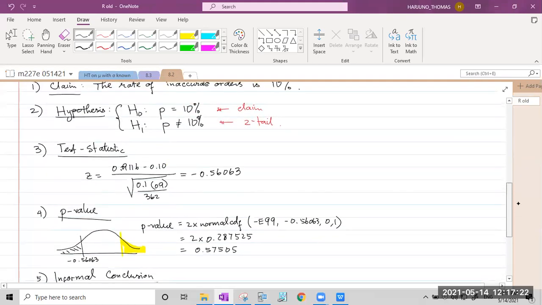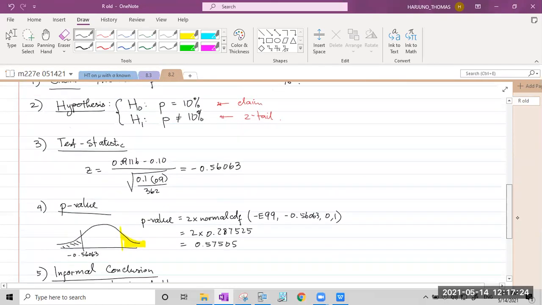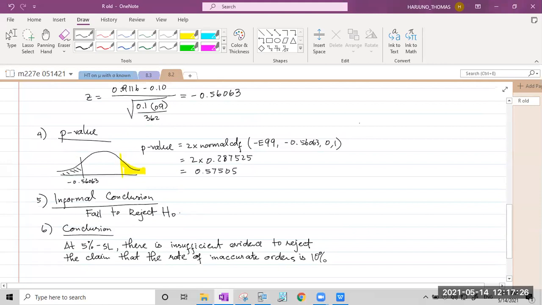Okay, I compared that with my claim, to make sure that I don't miss any words.